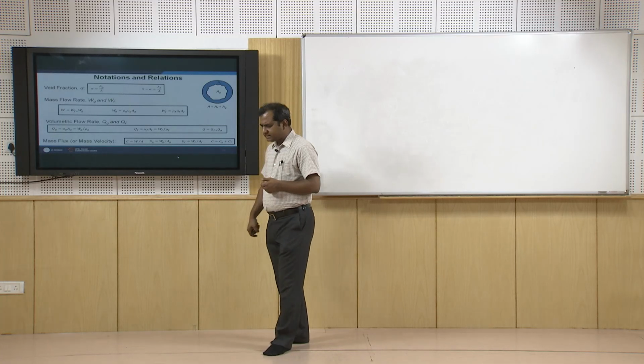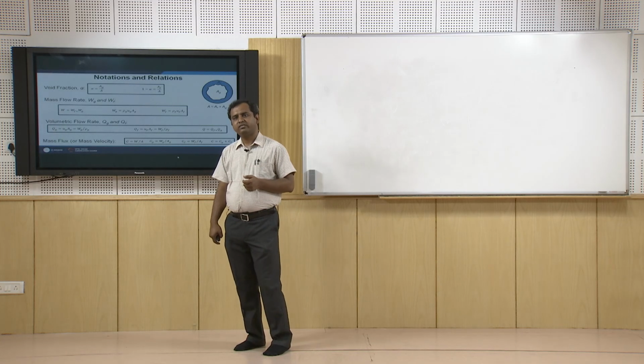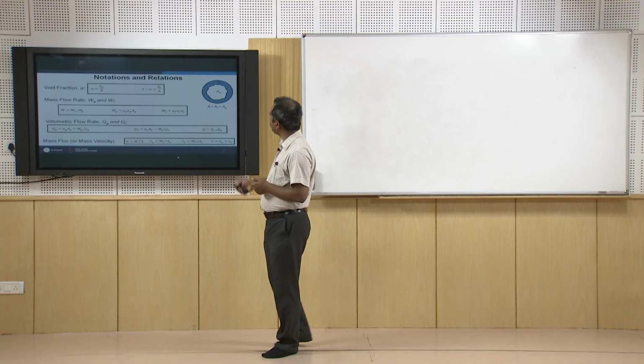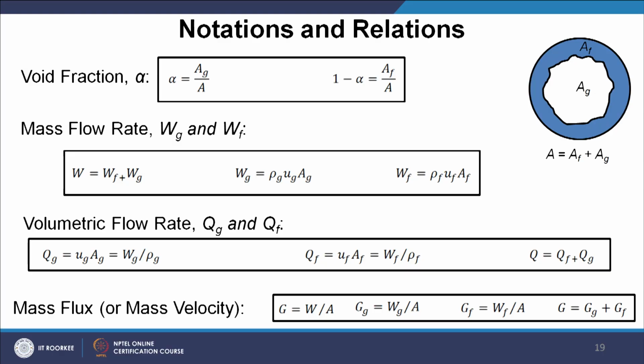Next, let us try to understand the different notations of two-phase flow. First I will show you this figure. This is a cross section of a tube, and with this blue color we have shown one phase, and with this white color the other phase. Let us consider that the blue color is liquid and the white color fluid is gas.